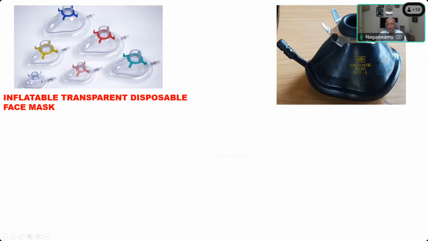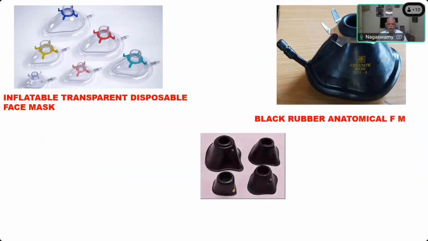Okay, so you can remove the cap, attach a syringe, inflate it with air, and then cap it again, and use it in case you get an edentulous patient with a sunken cheek, and the mask is not fitting well. What are these metal projections there for? For holding the straps. Holding the straps, okay, head strap. So, black rubber anatomical face mask.